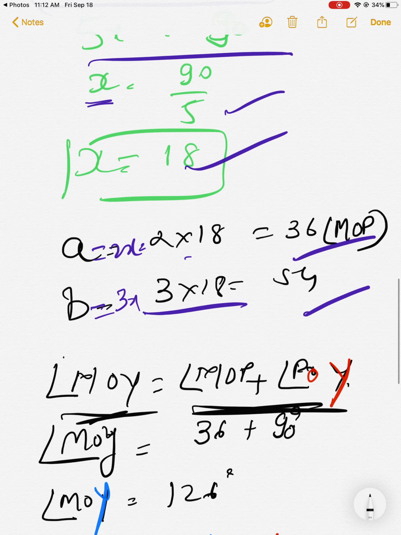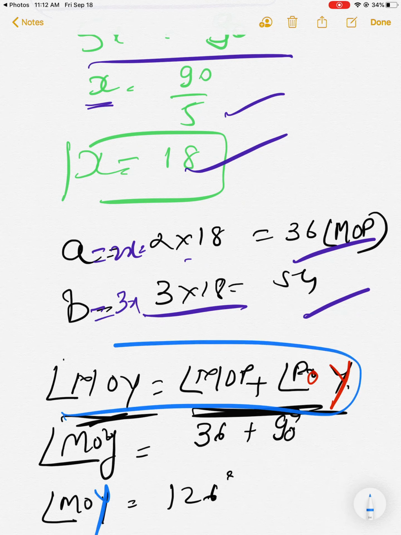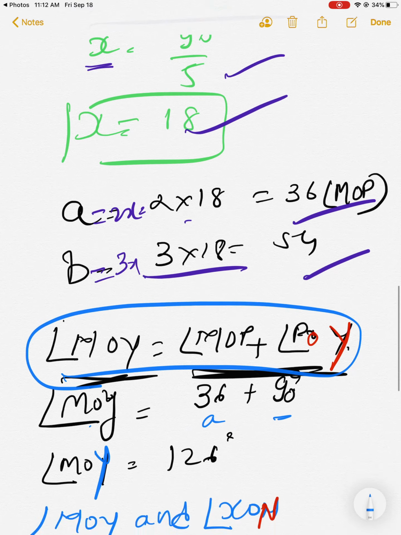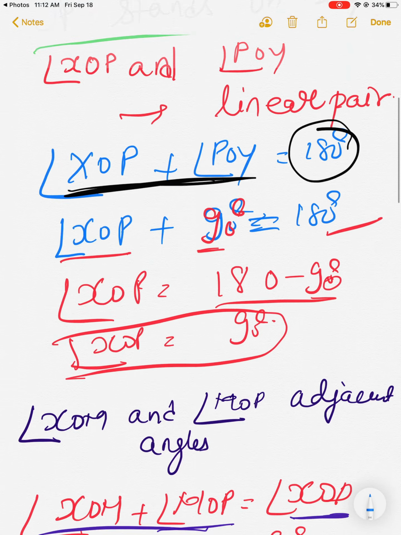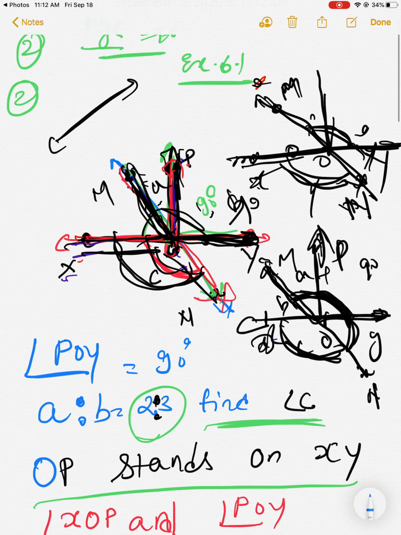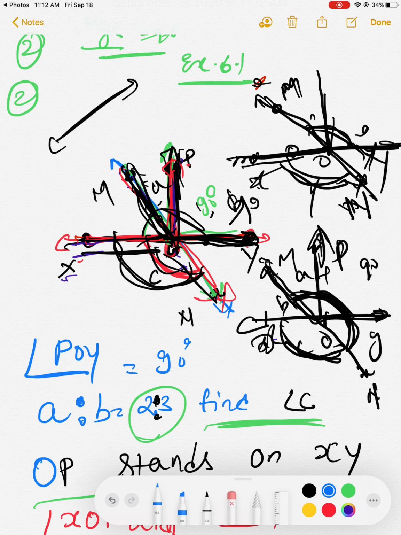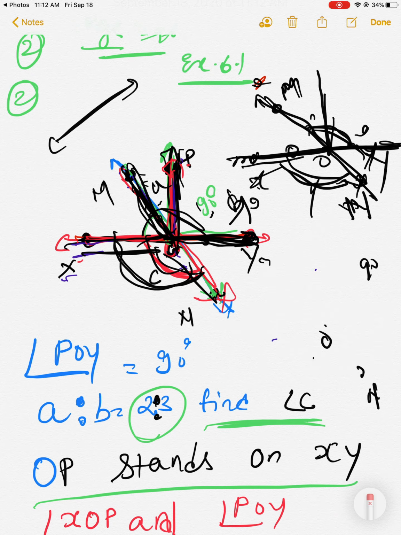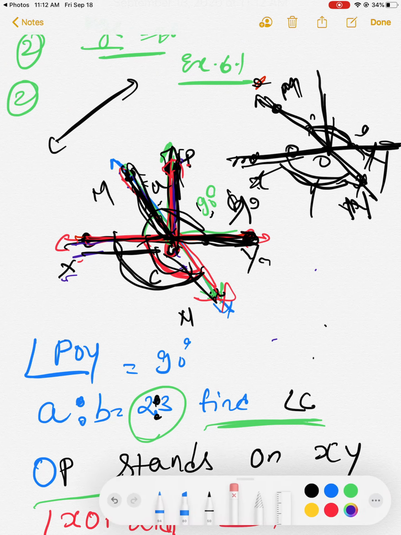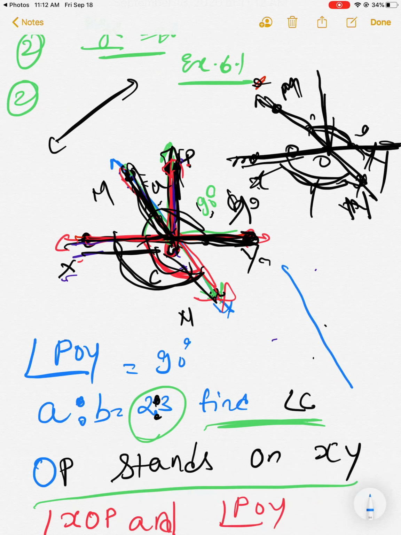MOY is equal to MOP plus POY. MOY is equal to A, 36 degrees, plus 90 degrees. Now what is this MOY? Again I am drawing X and Y intersecting at a point.